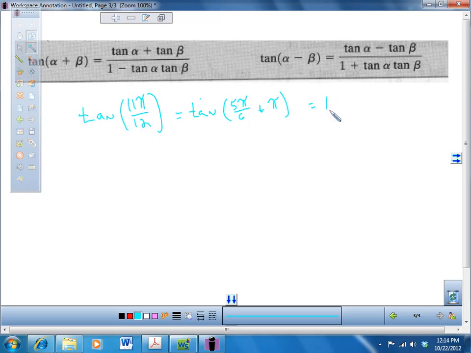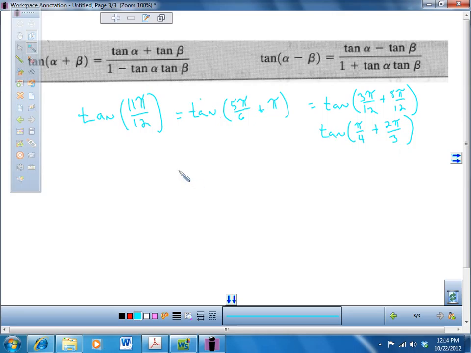I was going to say that it was equivalent to tangent of 3 pi over 12 plus 8 pi over 12, which is tangent of pi over 4 plus, 4 goes in there twice, and 4 goes in there thrice, 2 pi over 3.